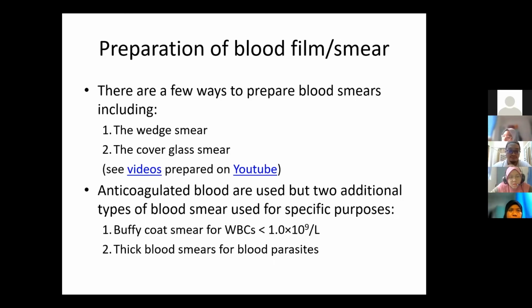So we use anticoagulated blood, blood from the EDTA tube. Normally we use a micropipette, but there are also many other methods that people use for dropping the blood onto the slide.